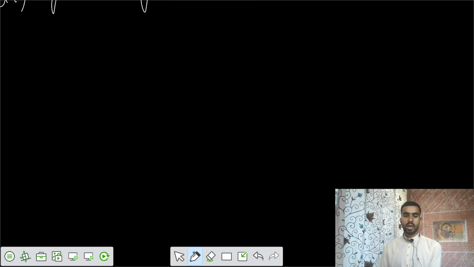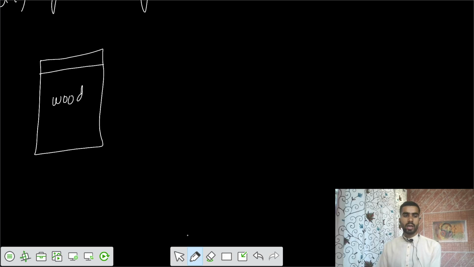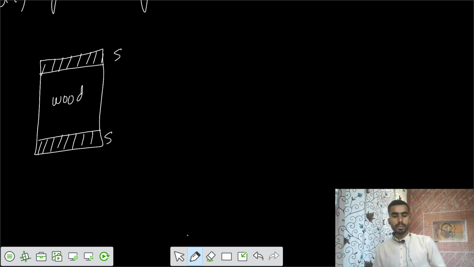Let's say this is wood material, and I use steel sections on the top and bottom, equally placed. This is some thickness T, and this is also thickness T, and the wood has width B and depth D, with B constant.